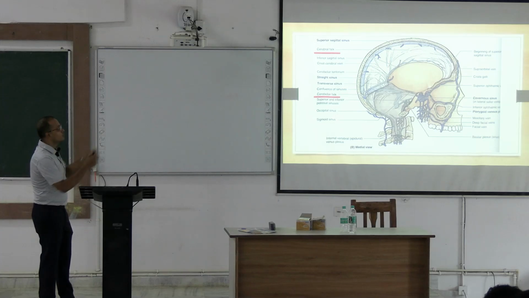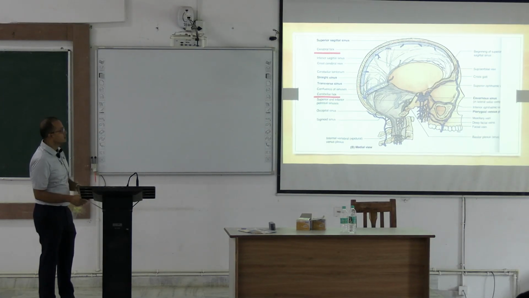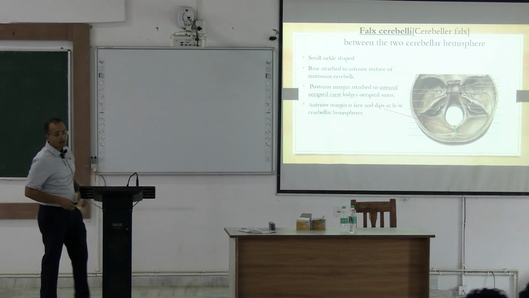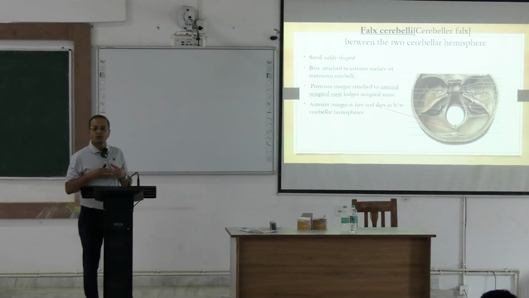This is another visual you are seeing here: front to back, frontal bone to the tentorium cerebelli, free margin, attached margin, holding some dural sinuses, and placed between the right brain and left brain. Next, the next fold is known as Falx cerebelli, just like the Falx cerebri.